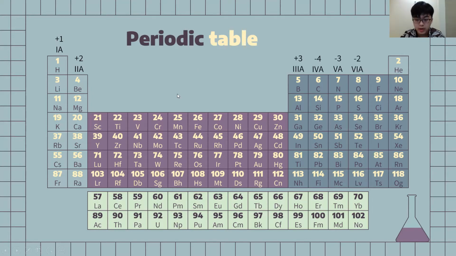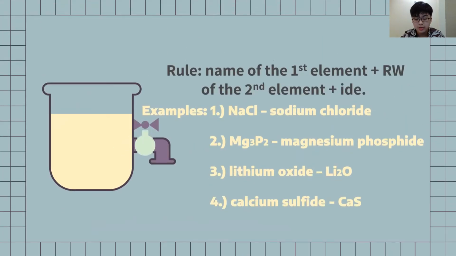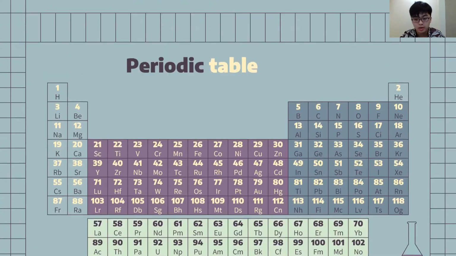So let's go back to the example. Lithium is in 1A, so the oxidation number is +1.